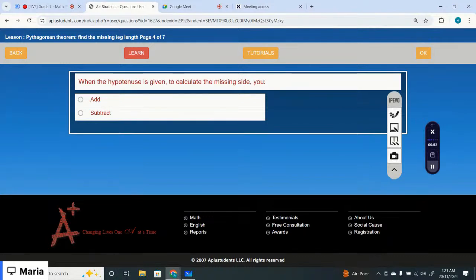When the hypotenuse is given to calculate the missing side, you add or subtract, which is the correct option?